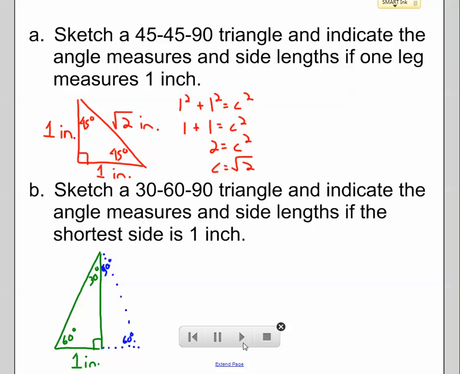So if those are all 60-degree angles, I could assume that this is also a 1 inch side, making the entire bottom 2 inches, which would make this entire side 2 inches, okay? Because this is a congruent triangle to this green one. So 1 inch bottom, 1 inch bottom. That means 2 inch base.